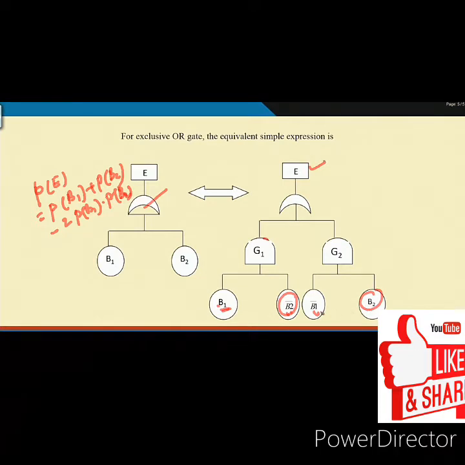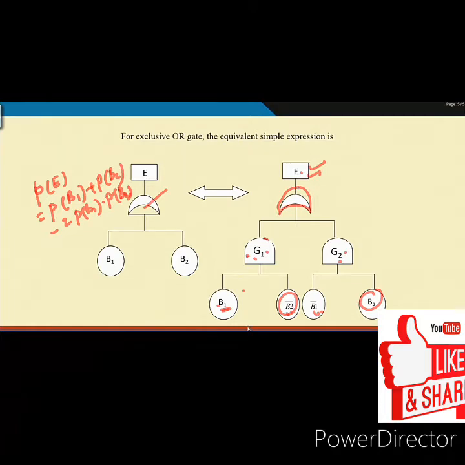Other way, B2 occurs and B1 does not, this condition is satisfied, E will occur. So, these two conditions, the gates G1 and G2, are linked with E by an OR gate. So, if either the G1 condition or the G2 condition occurs, then E will occur.